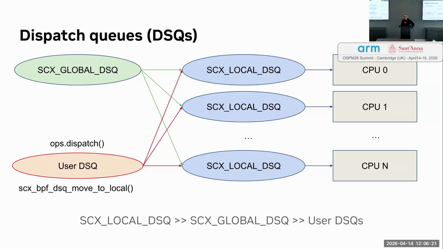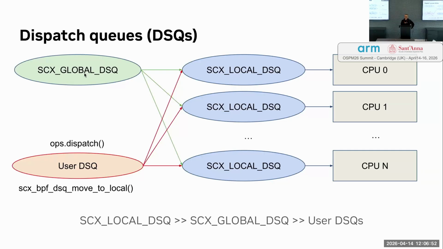There's one per CPU, and in SCX, if you want to run a task on a CPU, you essentially insert the task into the corresponding local DSQ. And there's also a global one, which is a single queue. It's a FIFO queue, same as the local ones.